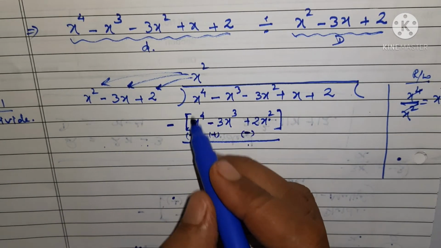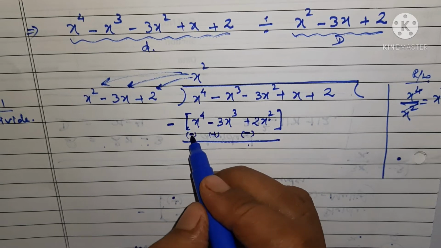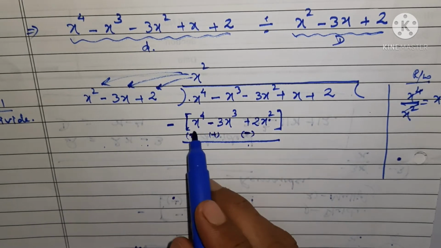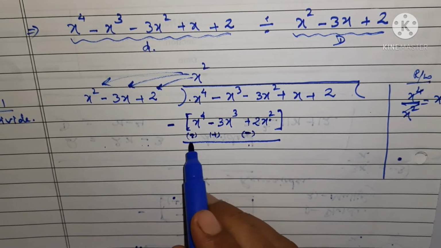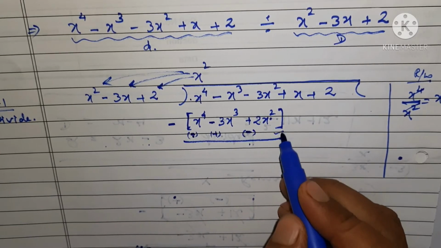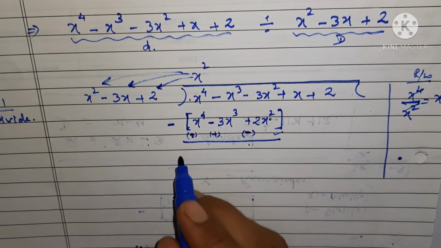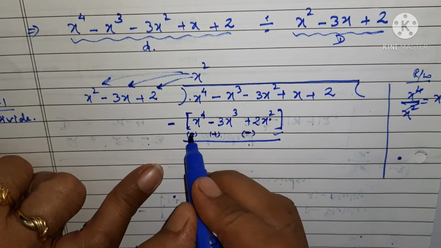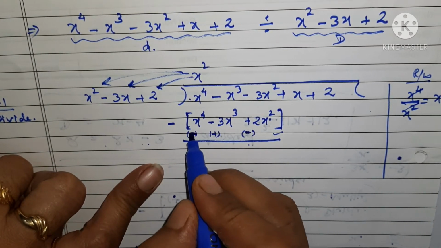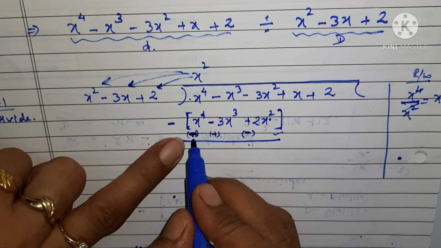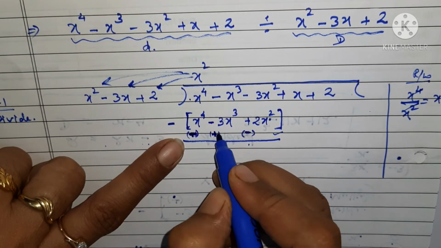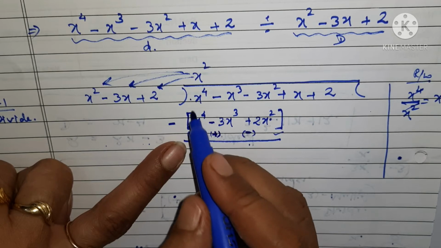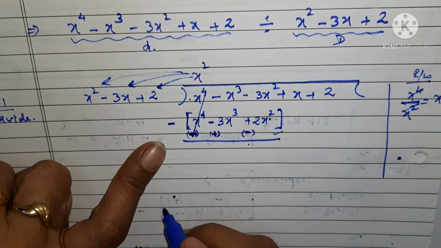Don't consider these signs now, you will consider them in the final case, when you are finally subtracting. So this is minus, because inside was minus plus, so it will change to minus. This is minus, this is plus, so they will cancel out, right?